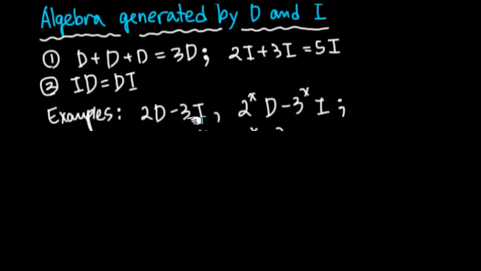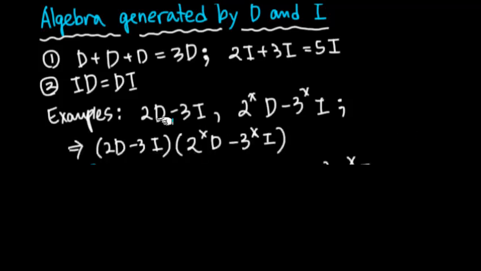This is a linear operator, and this is a linear operator. So we're about to multiply these, in quotation marks, in operator algebra. I wrote it down there, 2^x D minus 3^x I multiplied by 2^x D minus 3^x I. We apply this operator to the function first, then we get a resulting function and put it into this operator. That's what this really means.